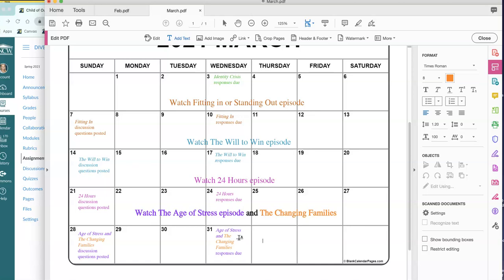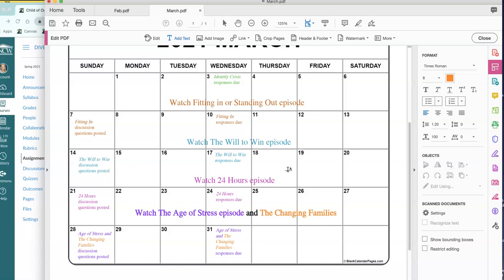So really, like I said, print this calendar out and circle or highlight which episode you're watching and facilitating, and then you'll want to make a note that, okay, if I posted my questions on Sunday the 14th, then later in the week I need to go back in and provide a response to some of my peers.